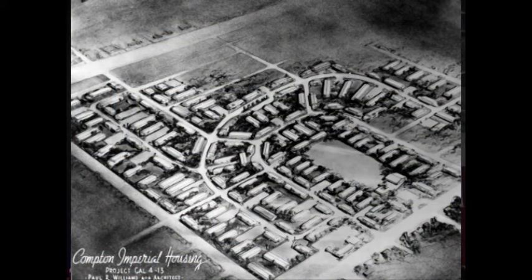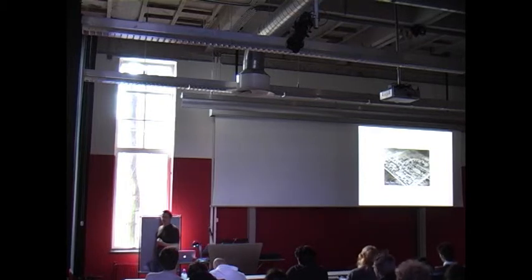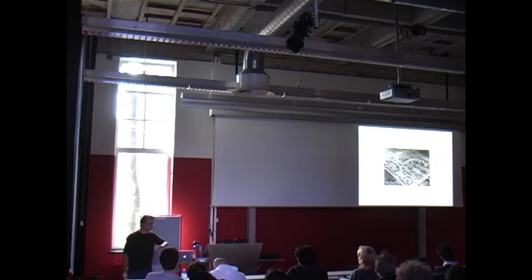And this area was also the place, by the way, where in the 30s and 40s the social housing projects of Los Angeles were built. And as you can see, they are of a different nature than the ones in Detroit and New York and the East Coast cities, because they are low-rise.